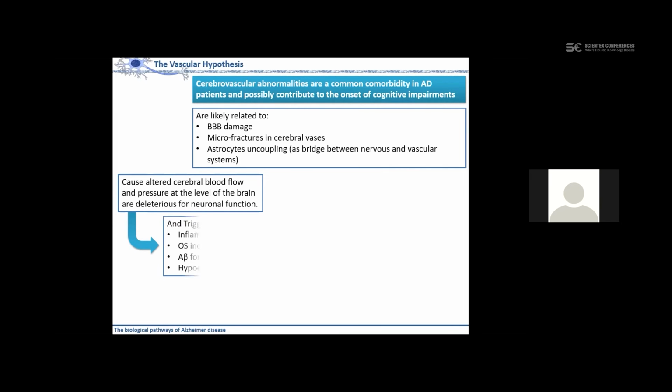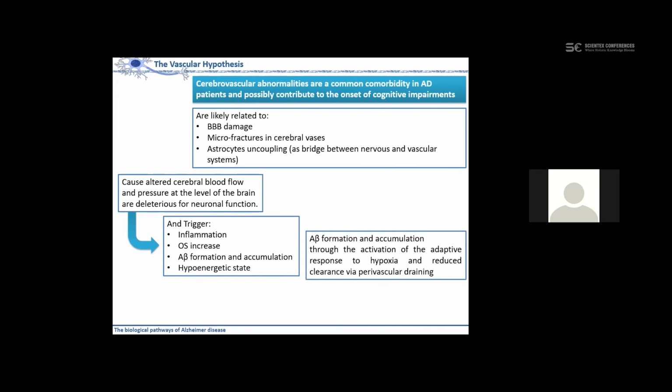These events are injurious to normal brain function, resulting in disturbed homeostasis, but also in blood-brain barrier damage and microfractures in cerebral vessels, with increased risk of neuroinflammation and loss production. Moreover, they are linked to the formation of beta amyloid plaque.